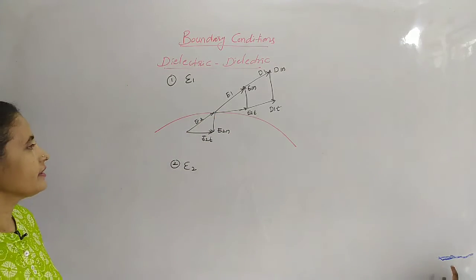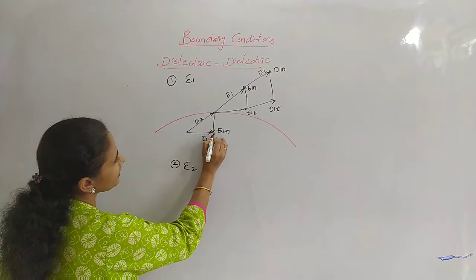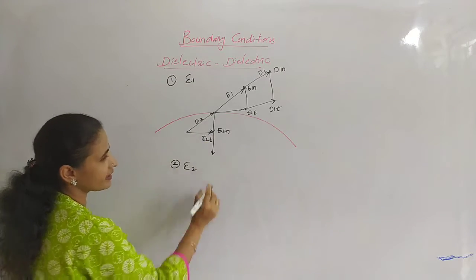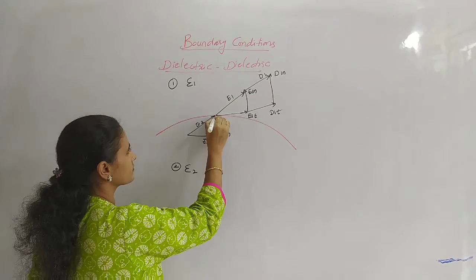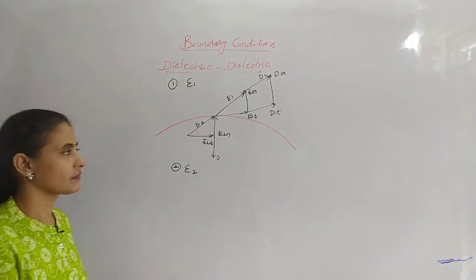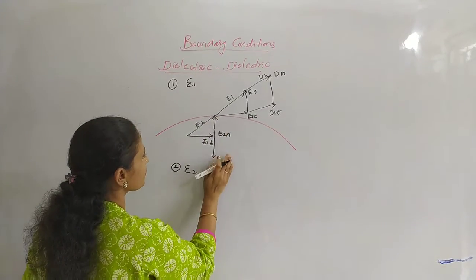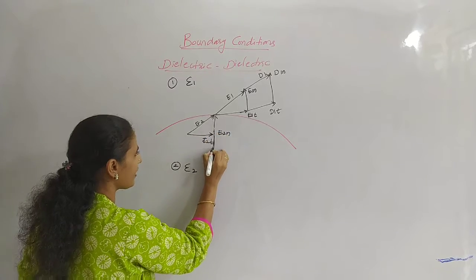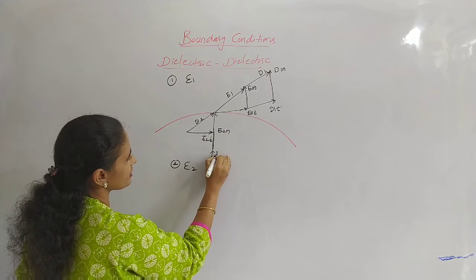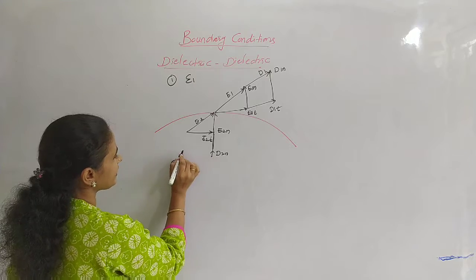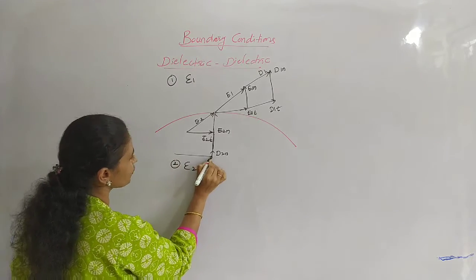In the same way, we will be having the normal component of electric flux density in this direction, D2n, and it will be having the tangential component too.